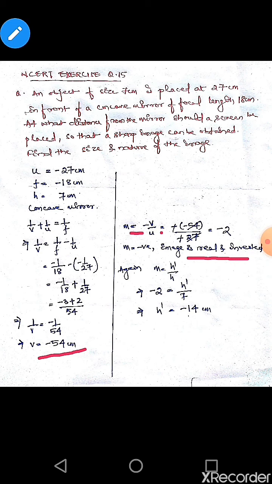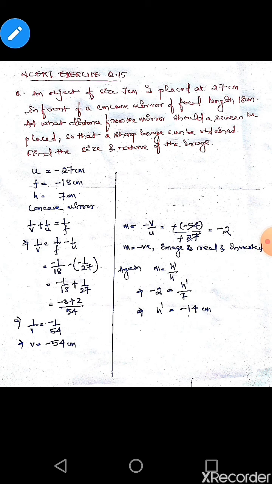Now to find the size of the image, we are going to put m equals h dash by h, that is image height divided by object height. Putting in the values, I get the height of the image as minus 14 centimeter. Now you might be wondering whether the answers we have got are correct or not. You should have it in your mind, or else you can draw it like this.